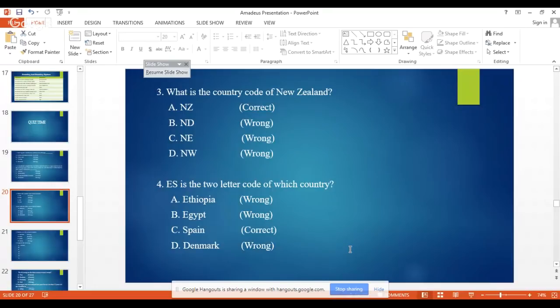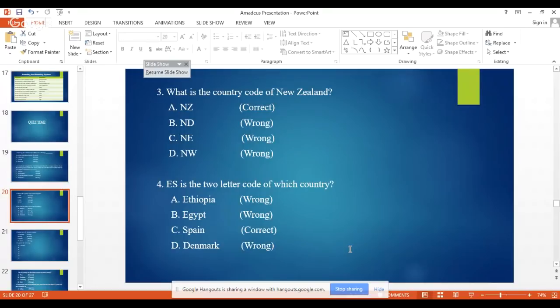The fourth one. ES, Echo Sierra, is the 2-letter code of which country? Option A, Ethiopia. B, Egypt. C, Spain. D, Denmark.